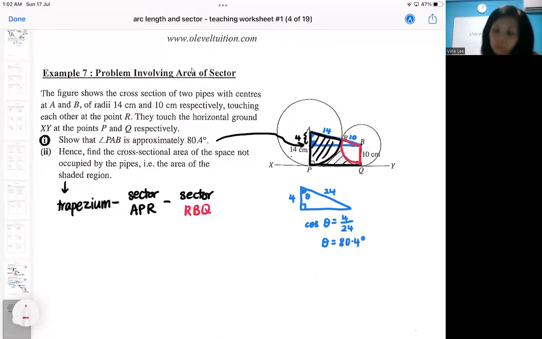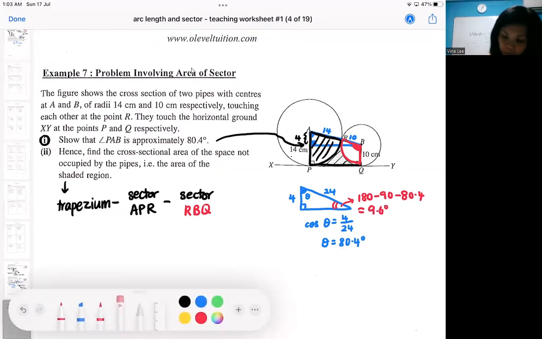So the problem with the small one is you do not have the angle. So well, you got to find out this angle first. You got to find out this angle. And then you add a 90 degree.